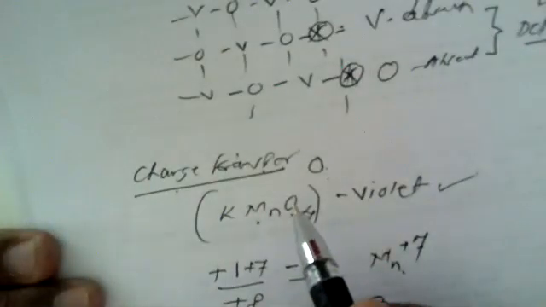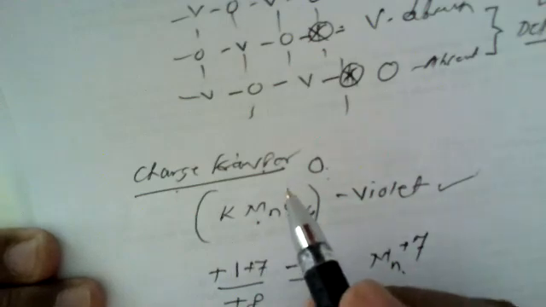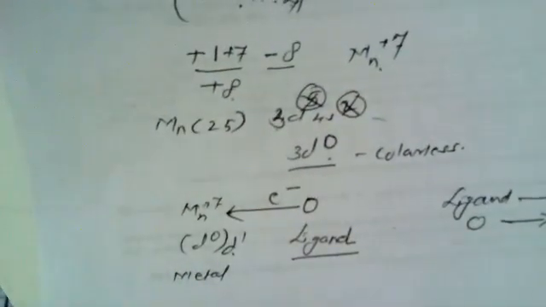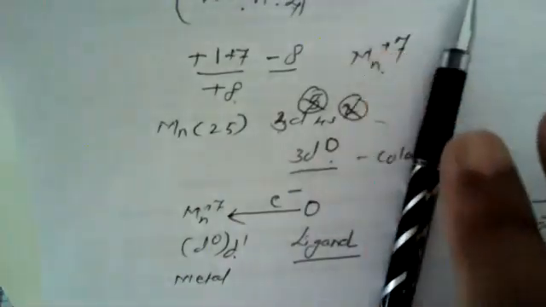So oxygen is electron rich, which donates a single electron, and the solution of potassium permanganate appears intensely purple violet in color.